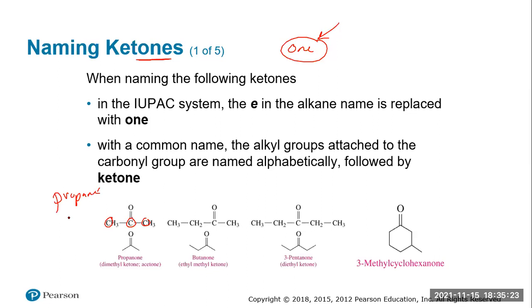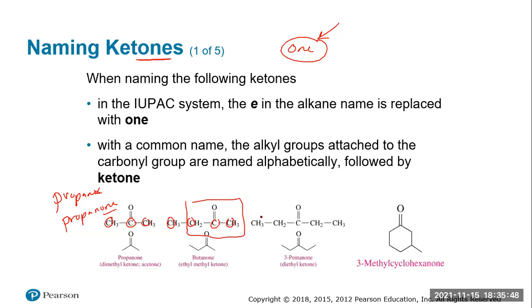Drop the E, and this is propanone. Over here is butanone, which is 1, 2, 3, 4 carbons, butane. Here is the ketone part of it right there, and that would be known as butanone.